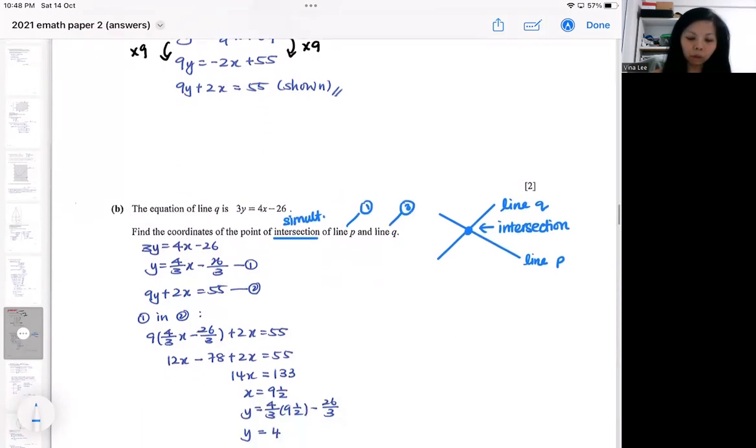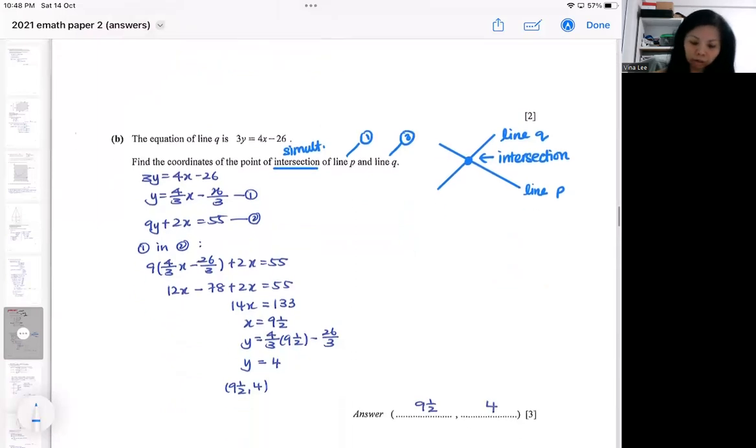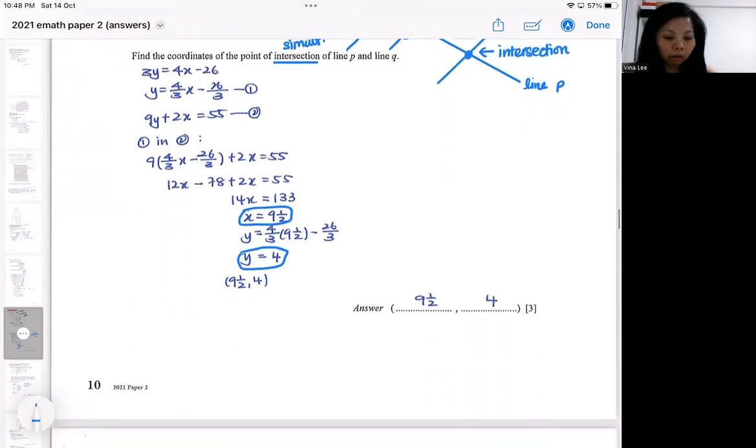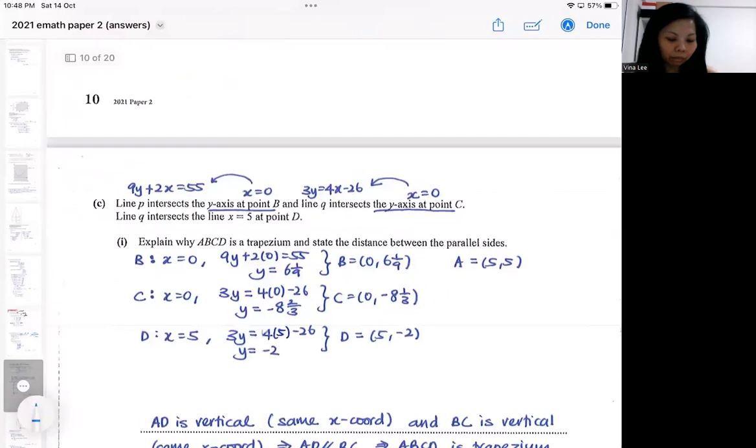You simply solve the two simultaneous equations, and that will give you the x and y, which is the coordinate of intersection. So for part B, if you forget that intersection relates to simultaneous equations, then you might forget this idea. Otherwise, it's actually quite easy. Just do a normal simultaneous, and you will get the coordinate of intersection.